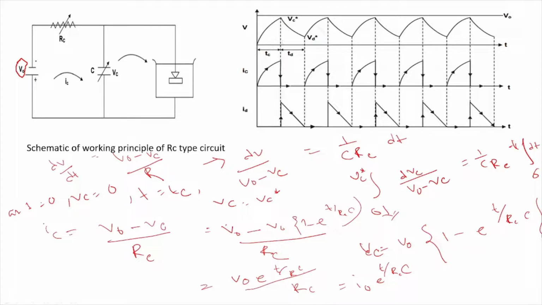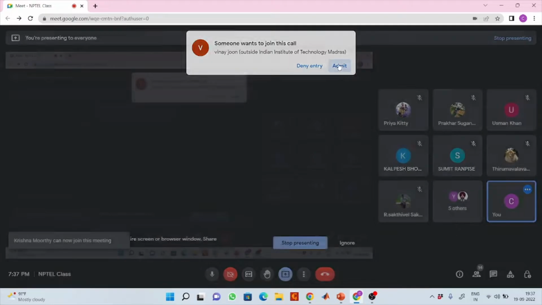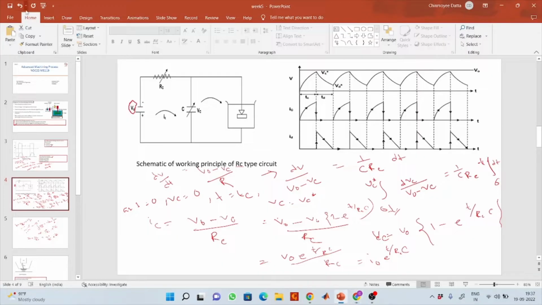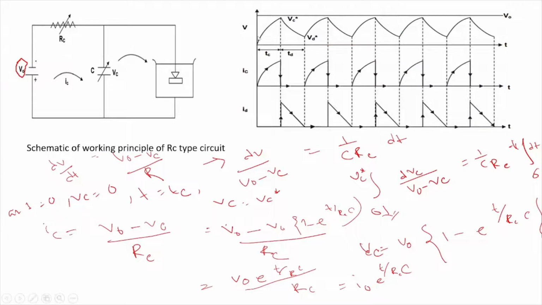See, one is voltage, one is charging current, and one is discharging current. From this diagram itself, actually we can say.